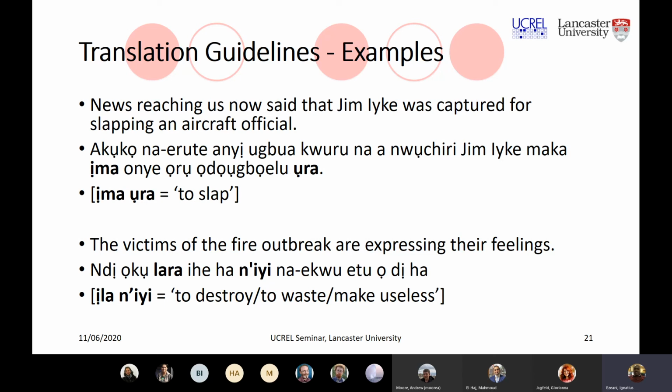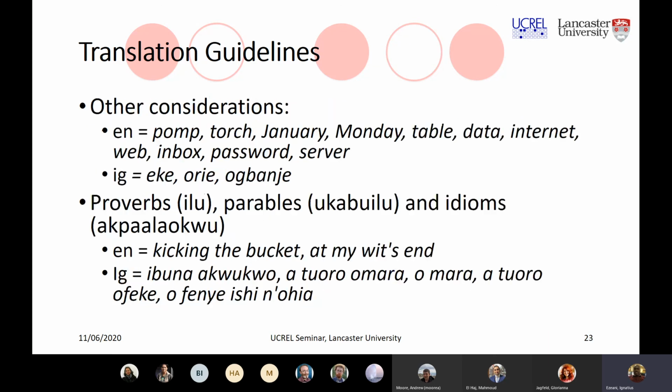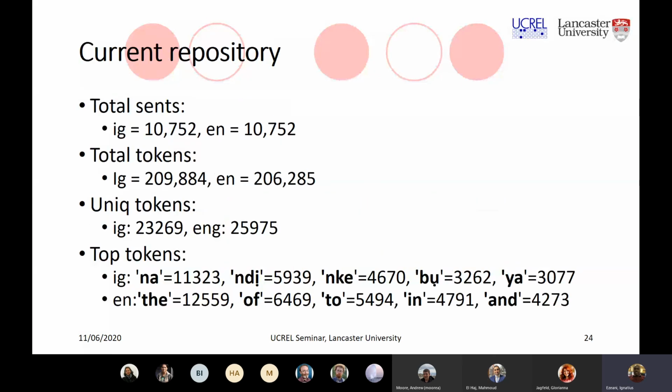Actually, it wasn't developed by me. It was developed by those who know better how to translate, the linguists among us. So these are other examples. For instance, what do we do with words that do not exist in Igbo at all, but are created, like data, internet, and so on? There hasn't been any laid down guidelines for those ones. So we needed to deal with that as well.